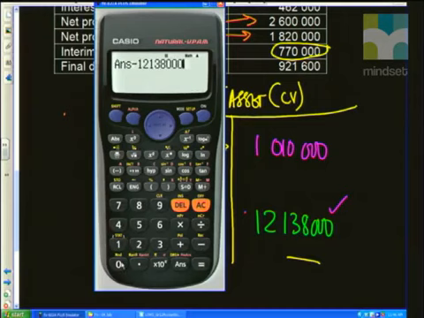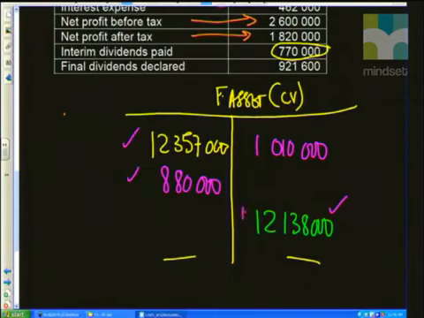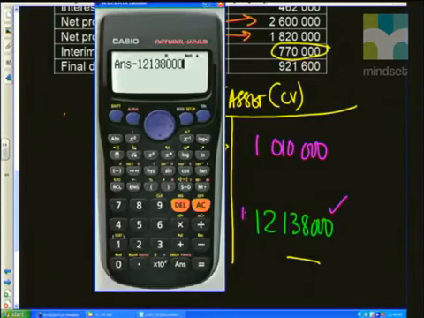You can see what I'm talking about. This figure here, the 12,138,000, is equal to that minus your 1,010,000. Okay, and there you have it.